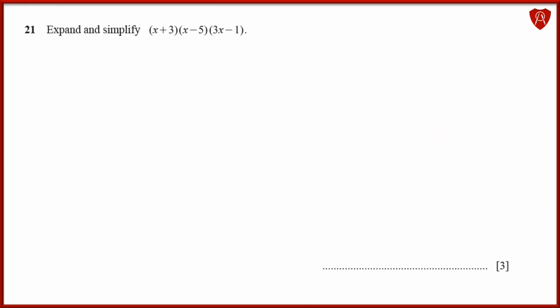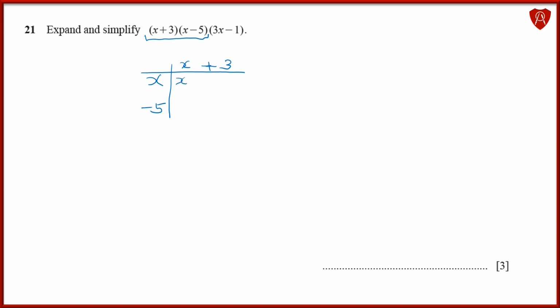Question 21. Expand and simplify 3 brackets, x plus 3, x minus 5, 3x minus 1. 3 brackets require a strategy of dealing with 2 brackets at a time. First 2 brackets can be expanded by writing the first bracket there and writing the second bracket vertically.